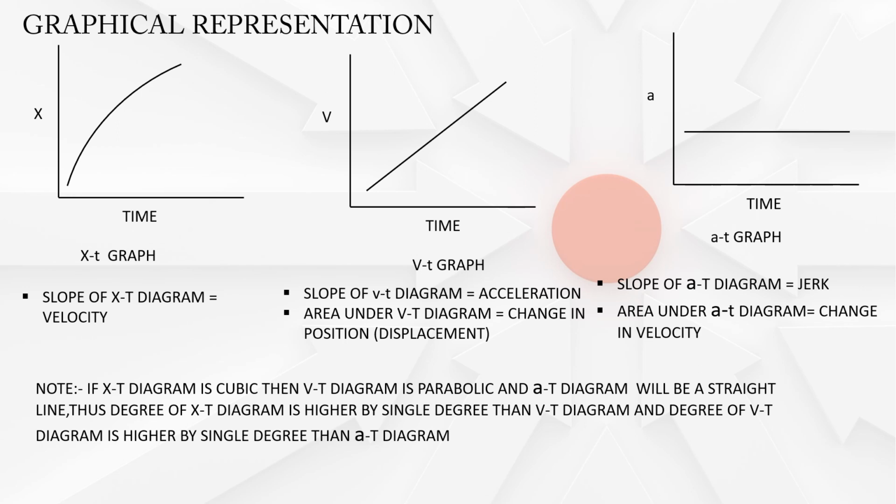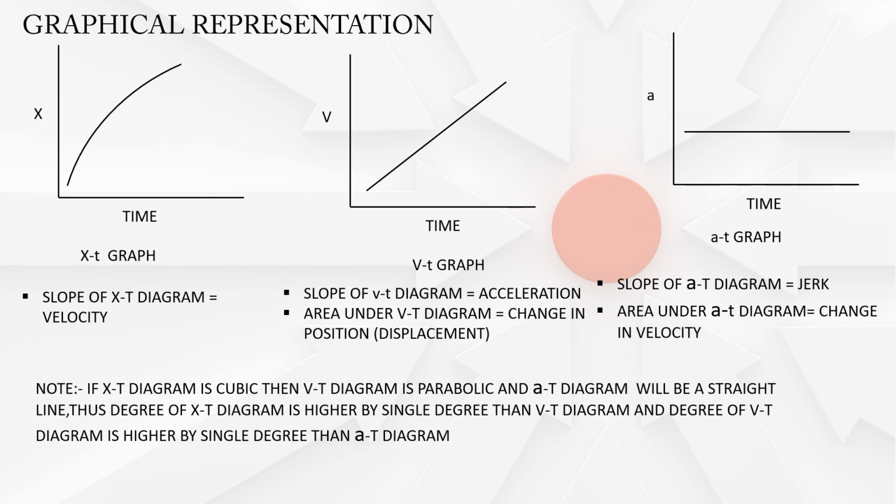For example, if the vt diagram is parabolic, the xt diagram will be a degree higher, that is cubic, and the at diagram will be a degree lesser, an inclined line, that is a straight line. So xt diagram cubic, vt diagram parabolic, then the at diagram will be a straight line.